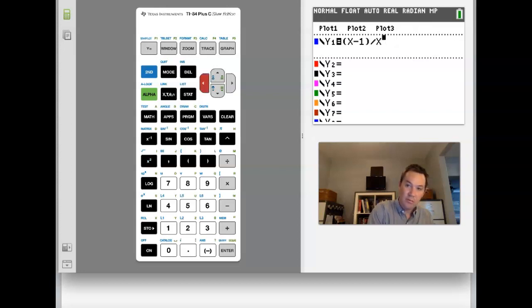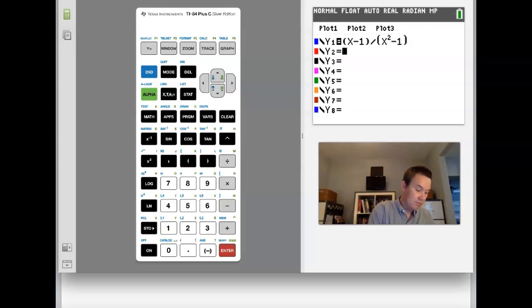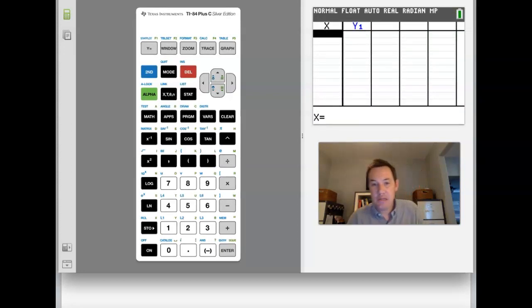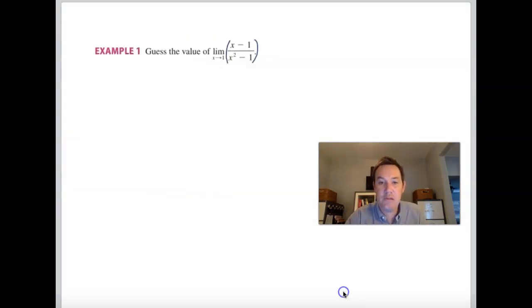Nope, I need to open parentheses. All right. So I'm just deleting out anything that's in there, and we just want to remind ourselves what the limiting value is that we're approaching.